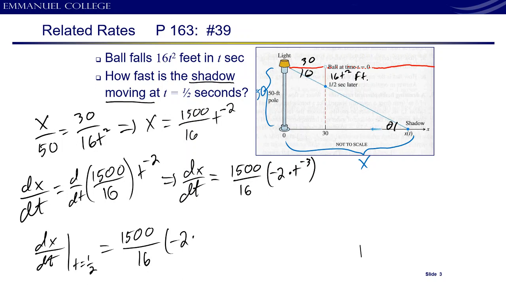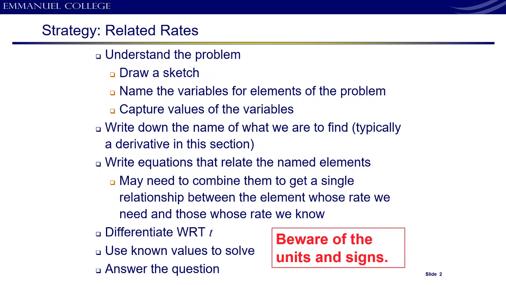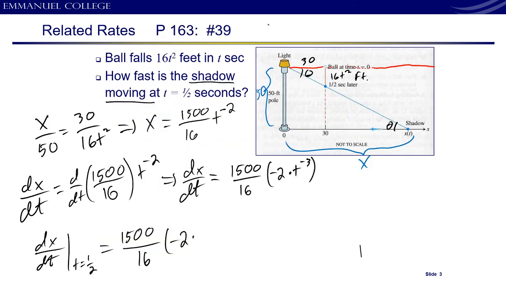And remember, this is t to the negative 3. So this is really, if I do 1/2 to the negative third, I get 1/8 to the negative 1, which is just 8.